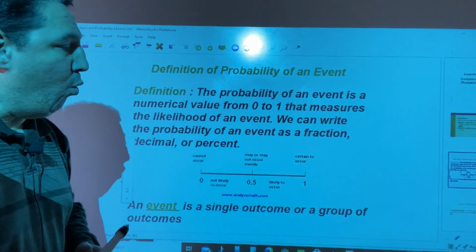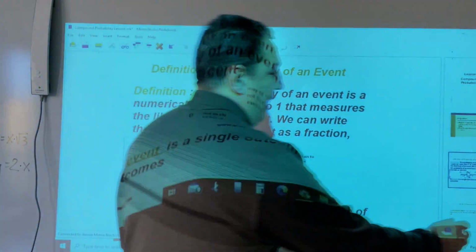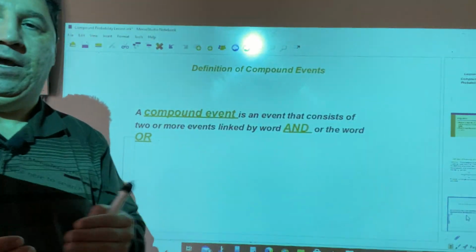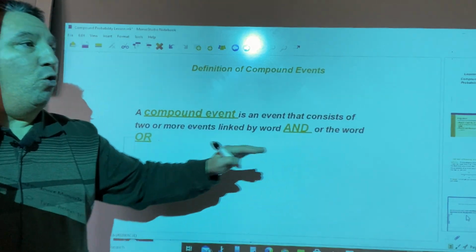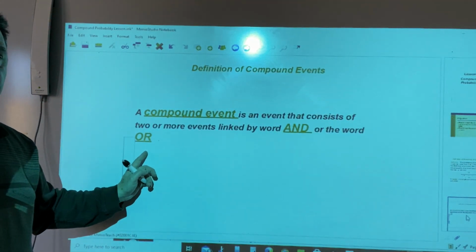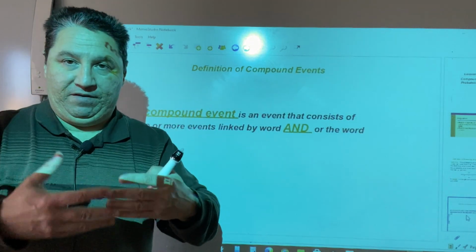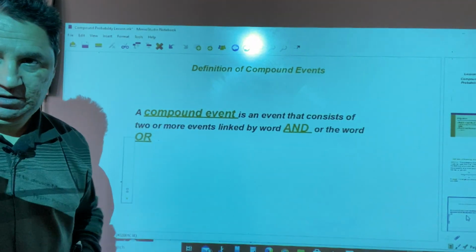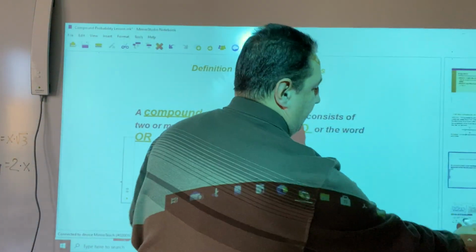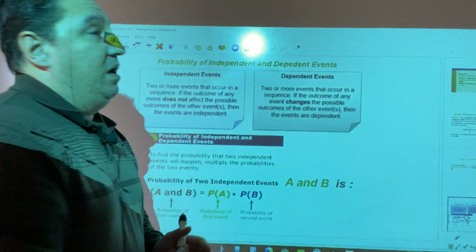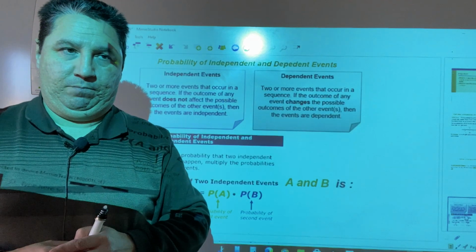When the event is a group of outcomes, these outcomes could be related by the word and or the word or, right? And in this case, we call this group of events compound events. Now, we divide this lesson into two sections.